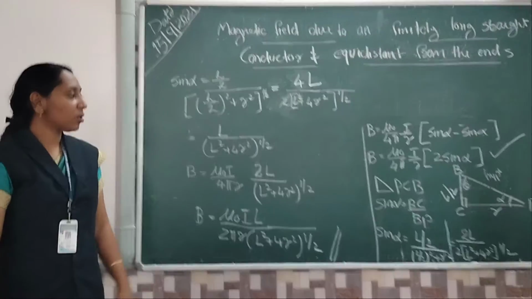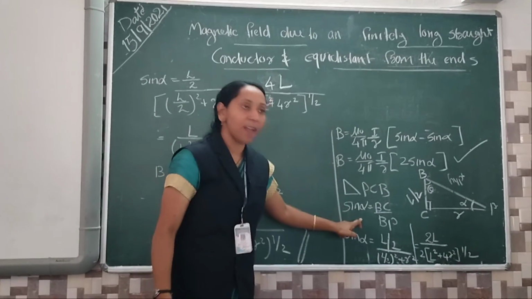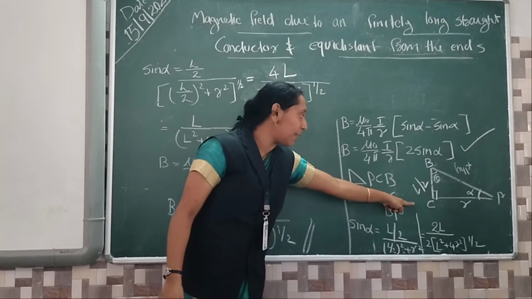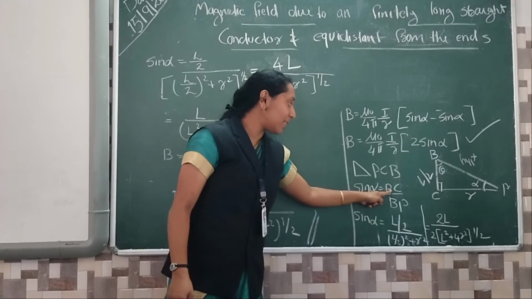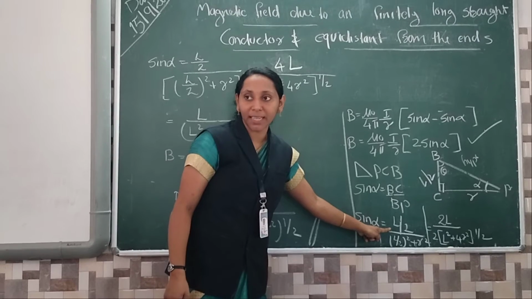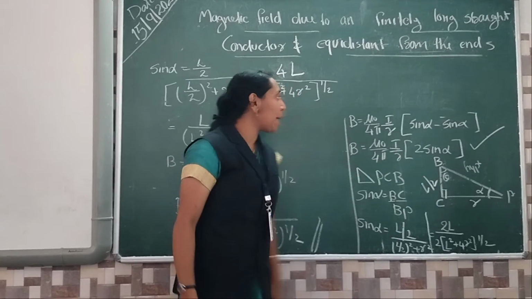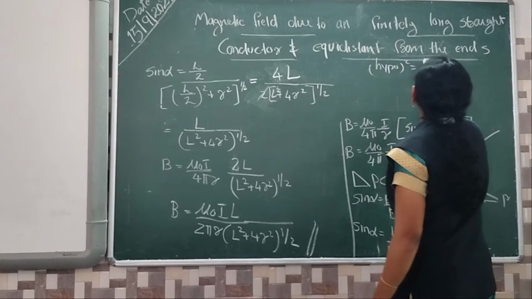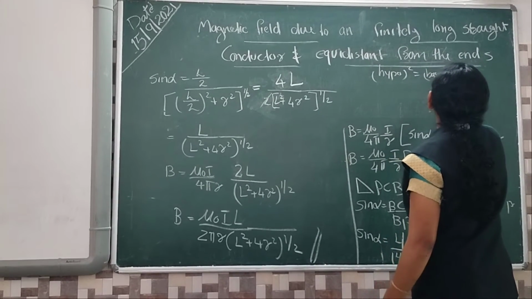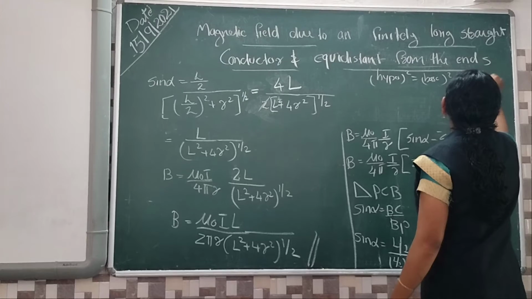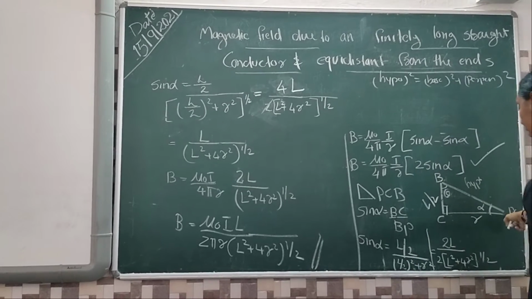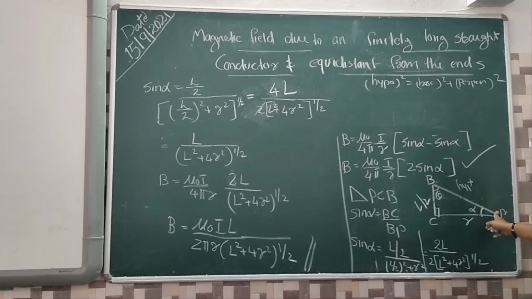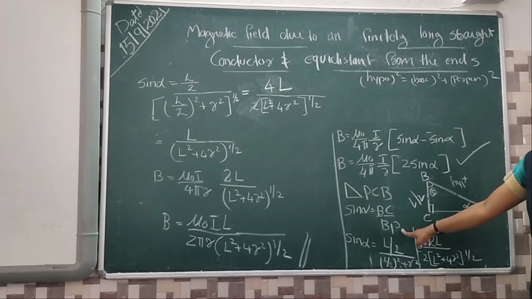इतना समझ गए? So from this triangle we should get sin alpha equal to opposite side BC divided by hypotenuse BP. BC means half of the length of the conductor, L by 2. BP means hypotenuse. Apply the Pythagoras theorem. Hypotenuse square equal to base square plus perpendicular square. So what is the hypotenuse here? Hypotenuse is BP. So BP हम लोग को चाहिए. BP square is the expression.